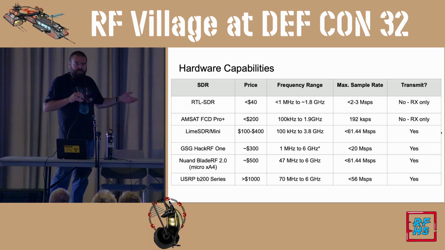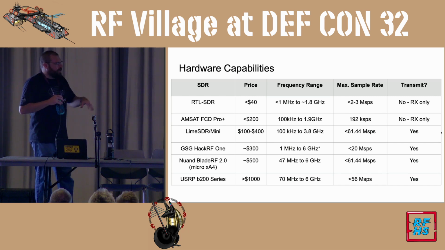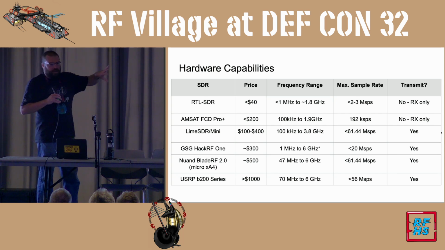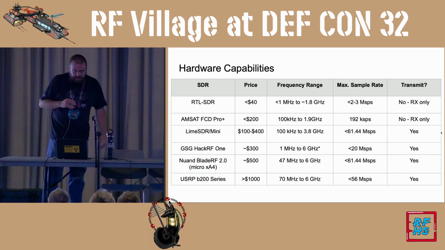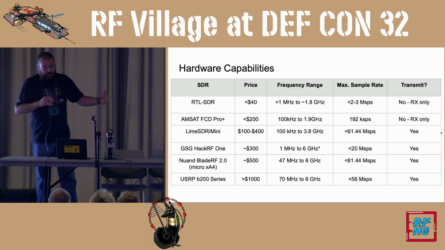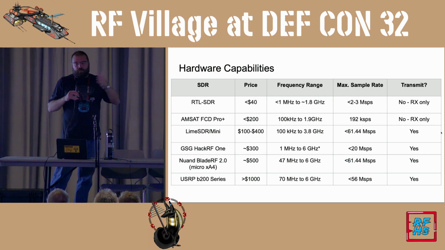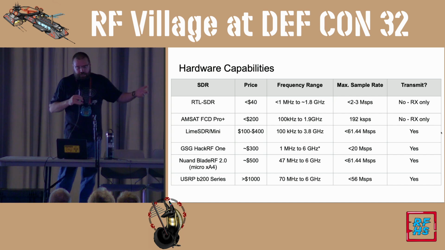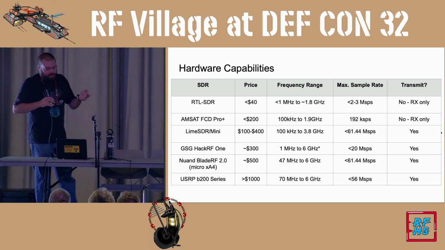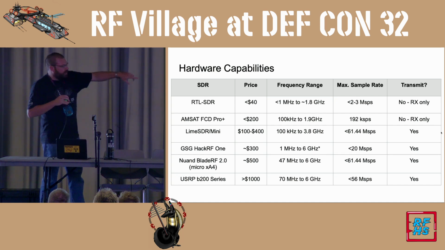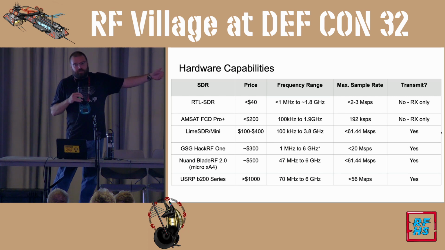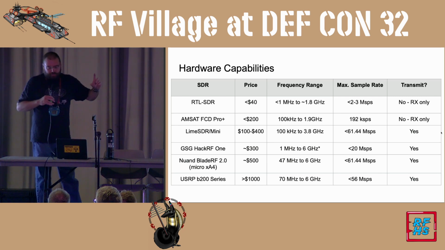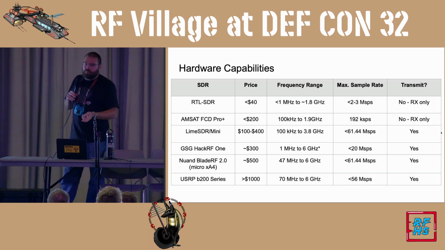There are some benefits to it, but that's just showing you that for anything on here, there are pros and cons to each. Moving over to sample rates, which is basically how many samples it can do per second, you'll see the FunCube Dongle, which is a sound card based SDR, is 192 kilosamples.